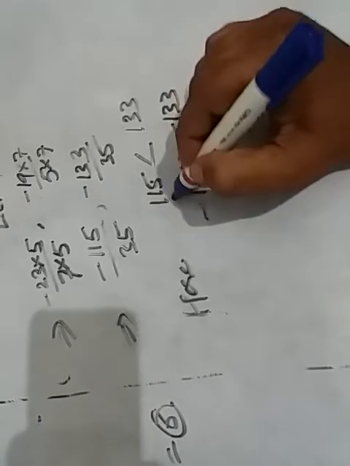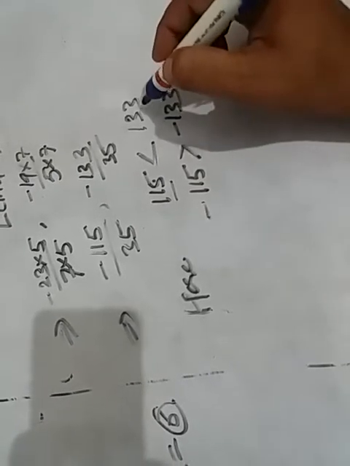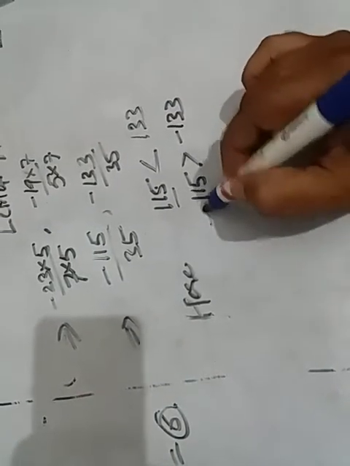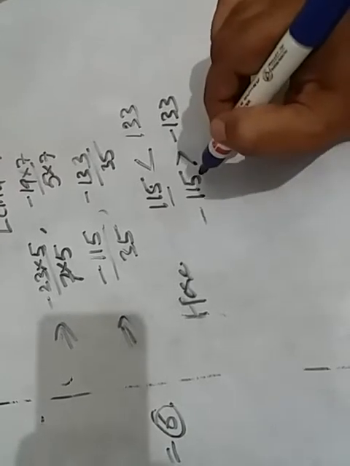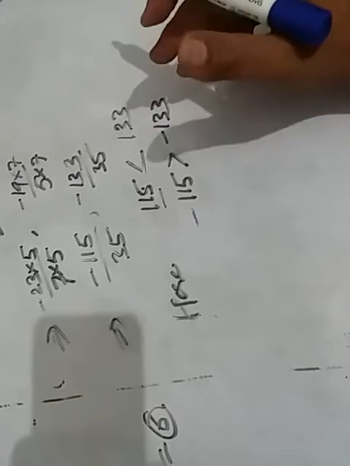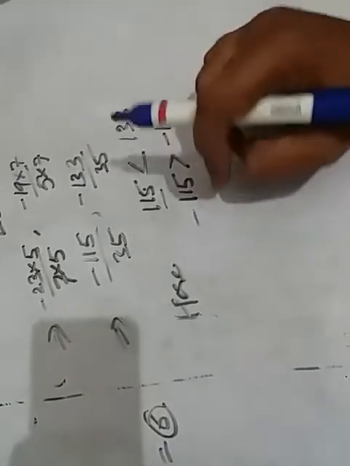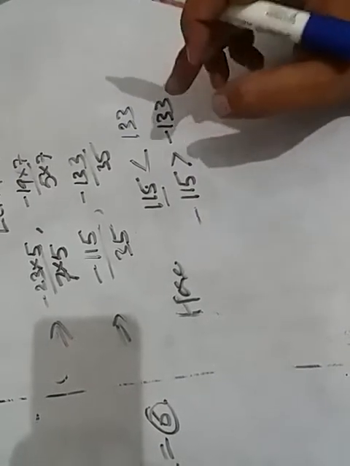Okay children, 115 is less than 133, that is very obvious. But if you put the negative sign with both numbers, then minus 115 becomes greater than minus 133, because it is closer to 0 on the number line.